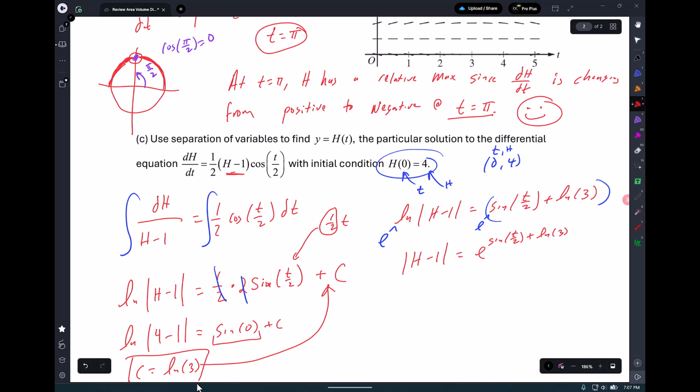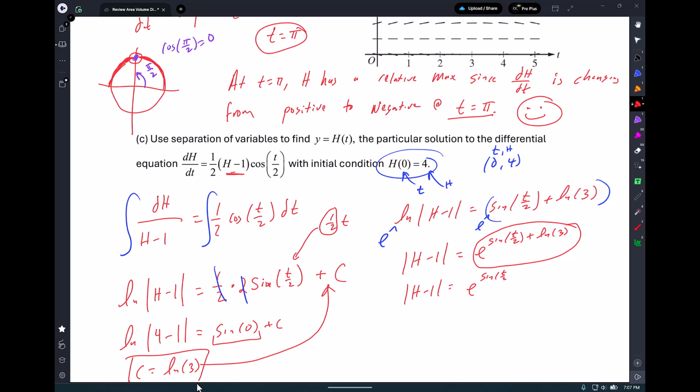Now remember, law of exponents: h minus 1 equals e to the sine of t over 2 times e to the ln of 3. And this right here that I'm circling is just 3, guys. Now I can get rid of the absolute value by putting plus or minus. So h minus 1 equals plus or minus 3e to the sine of t over 2. And I'm going to move the 1. h of t equals plus or minus 3e to the sine of t over 2, plus 1.